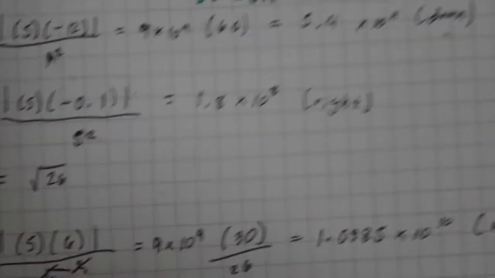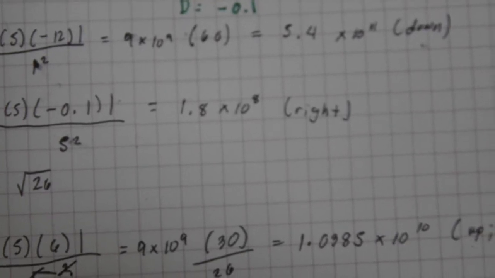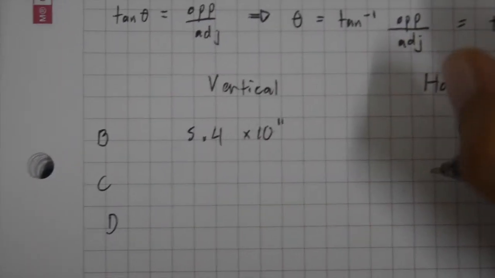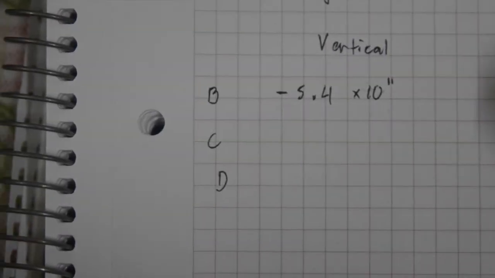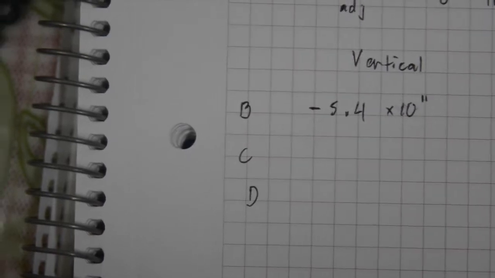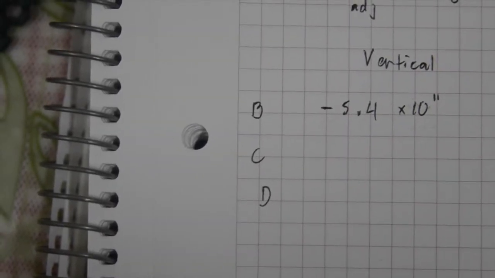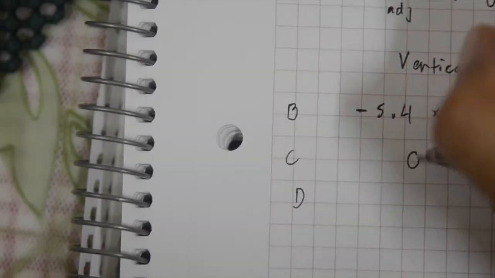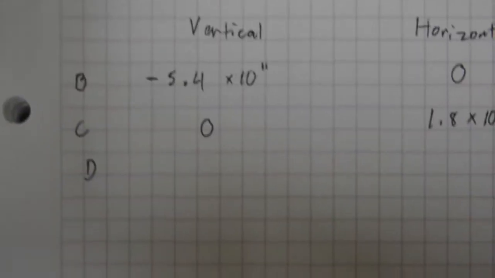Then for C, we have 1.8 times 10 to the 8th right. So let's place that here. This one is down, right? So this is negative. This to the right is positive. It's 1.8 times 10 to the 8, and that's 0 for vertical.